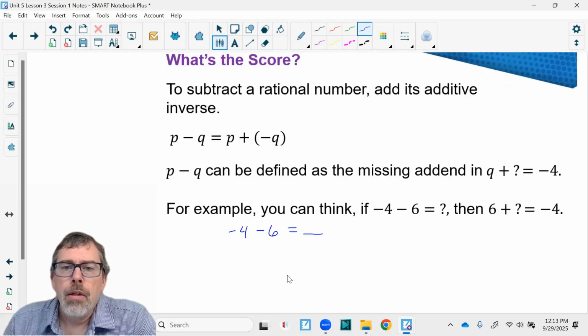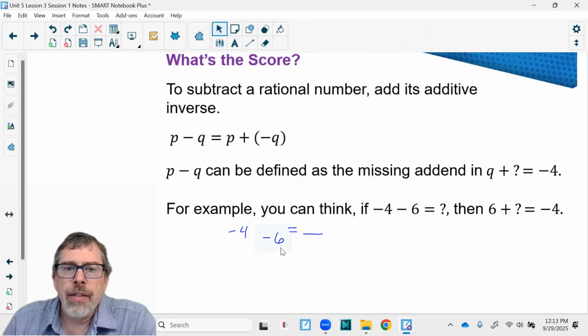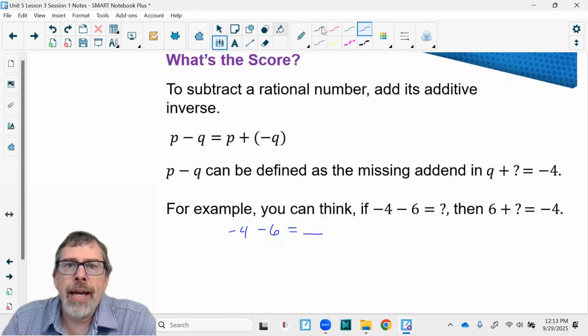So what they're doing here is moving the 6. Whenever I move a number over to the other side, in order to move it, I have to do the opposite. So to get rid of 6 here, I've got to add 6 to it. So negative 4 is by itself because this is 6, 0 pairs, if you will.